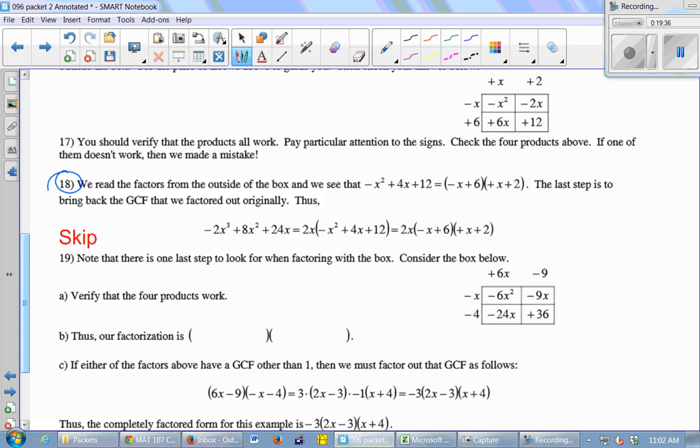Skip to number 18 here. This is what we started with. It was negative 2x cubed plus 8x squared plus 24x. We factored out a 2x, right? And then we wanted to factor this thing in parentheses. We did that using the 2 by 2 box. So we still have this 2x, right? So our final answer is 2x times negative x plus 6 times x plus 2.